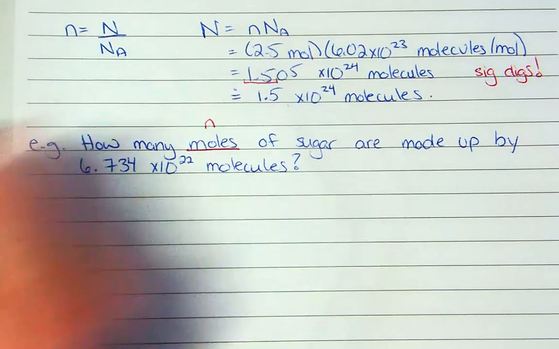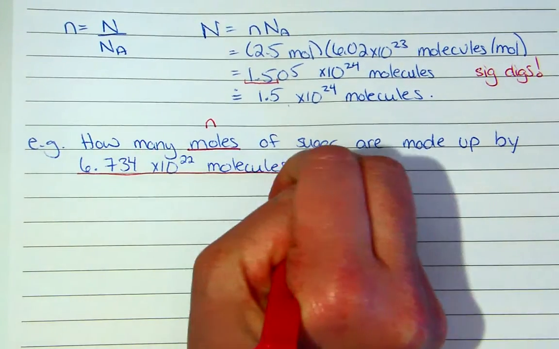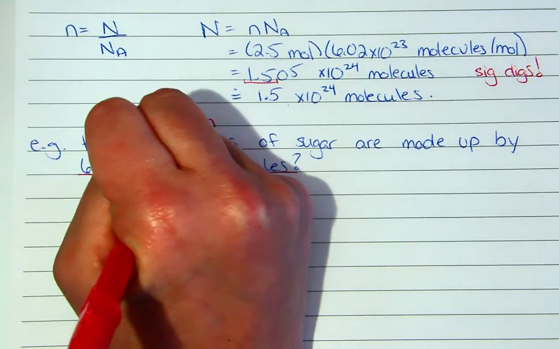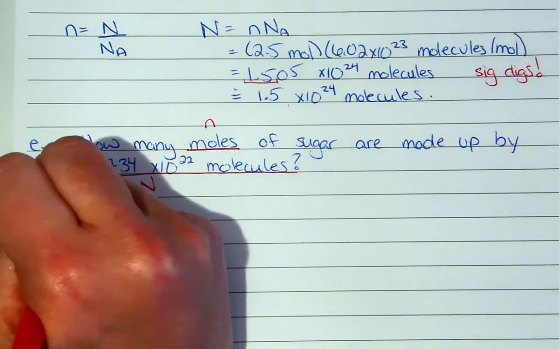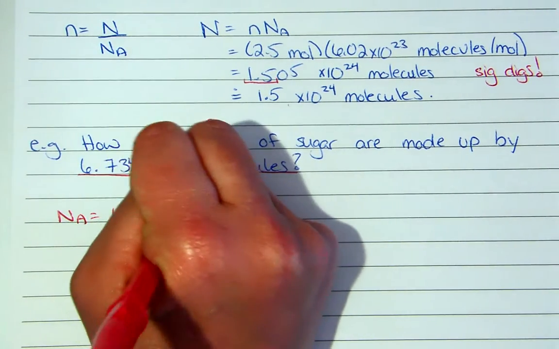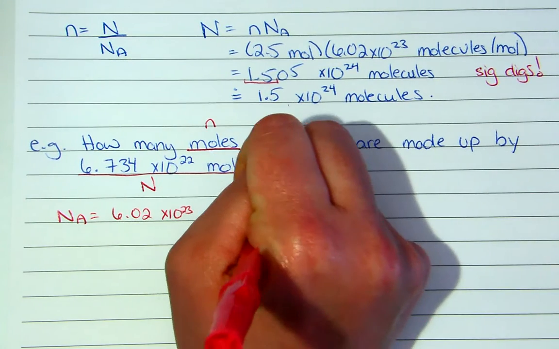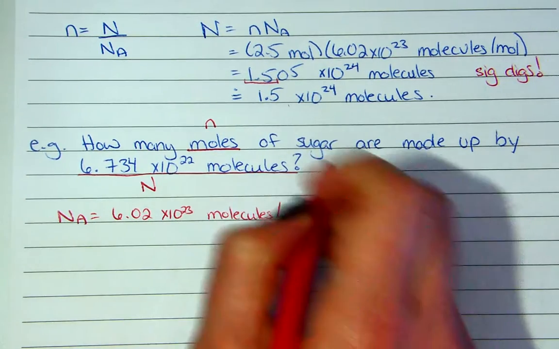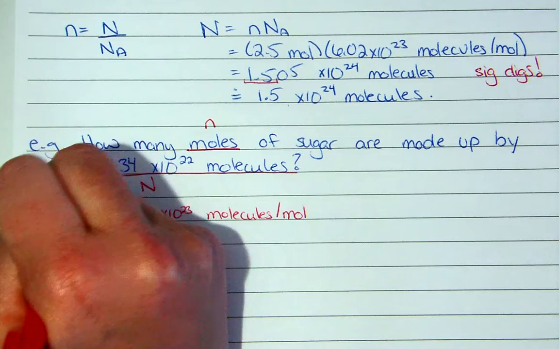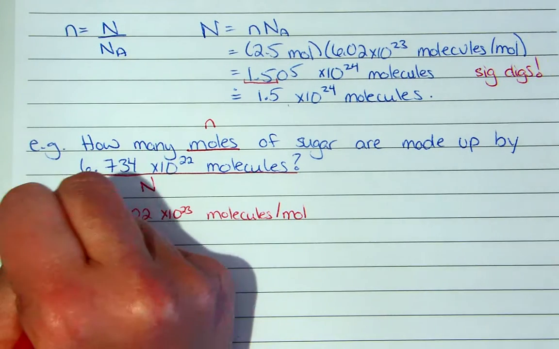That's lowercase n. We are given the number of molecules. That's our uppercase N. And don't forget, Avogadro's number is a constant. We already know it. In this case, we just have to parse out what is the unit. We're dealing with molecules, so it is molecules per mole.